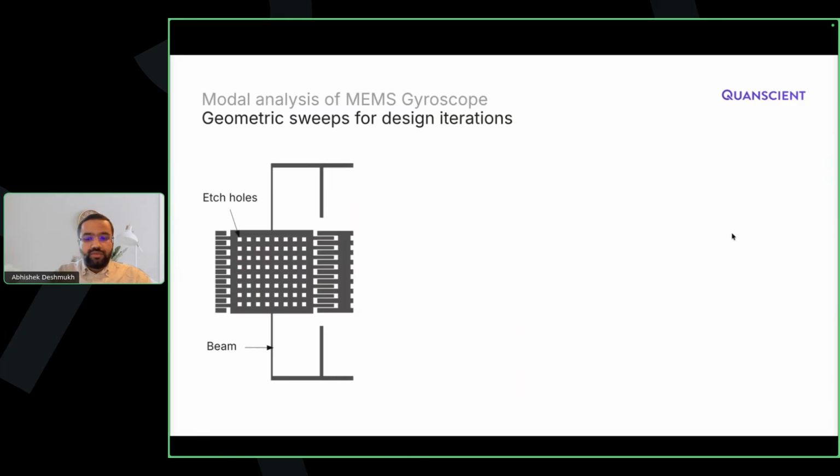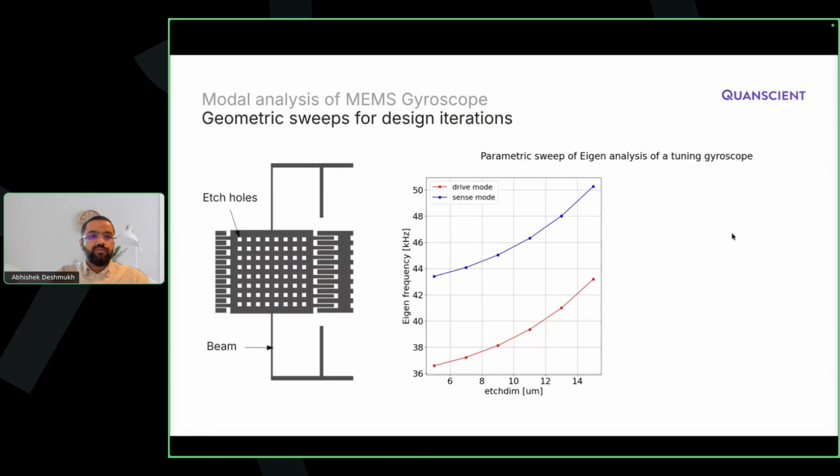And here I have tried to show one example of geometric sweeps, where we varied, let's say, the h dimension, which is the size of the h holes, and tried to see how the drive and sense frequencies change with increasing the size of the holes.